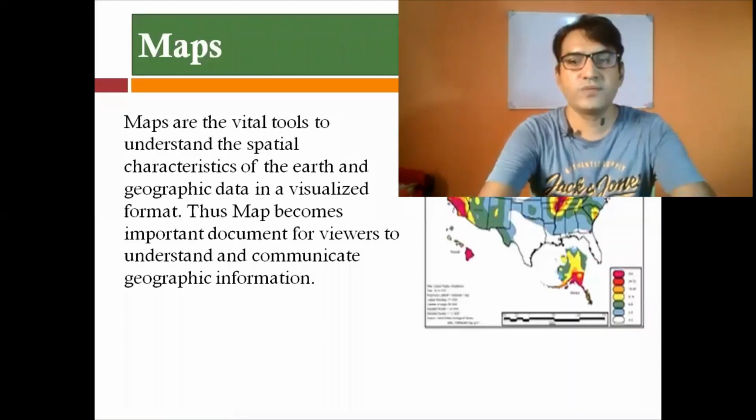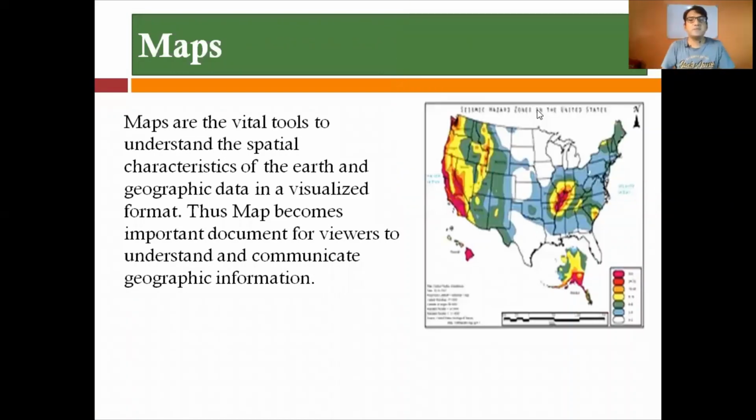Before going to the basic elements of the map, let's discuss: maps are vital tools to understand the spatial characteristics of Earth and geographic data in a visualized format. You know what is meant by the map. A map is actually geographical data always in a visualized form, in an image form.